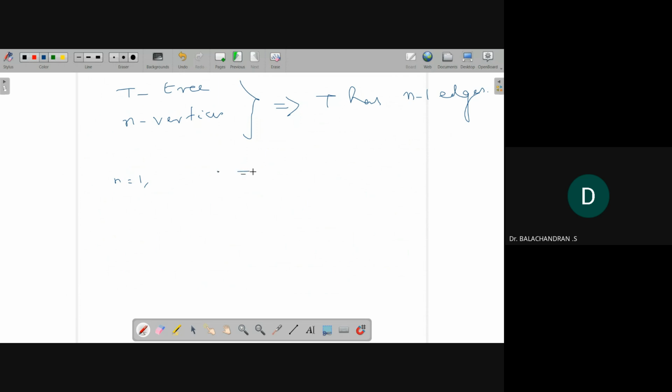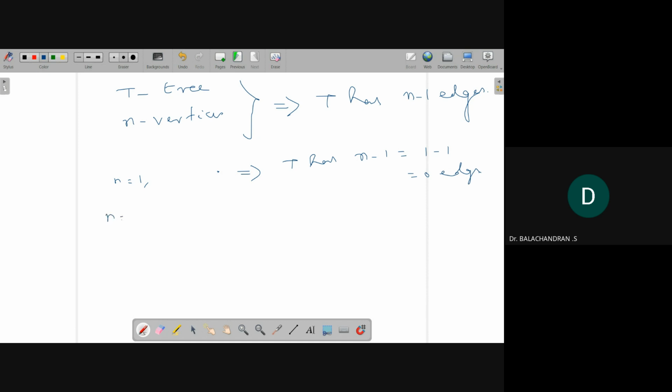So how many edges does T have? N minus 1, and n is 1 here, so 1 minus 1 equals 0 edges. So for n equal to 1 we verified.